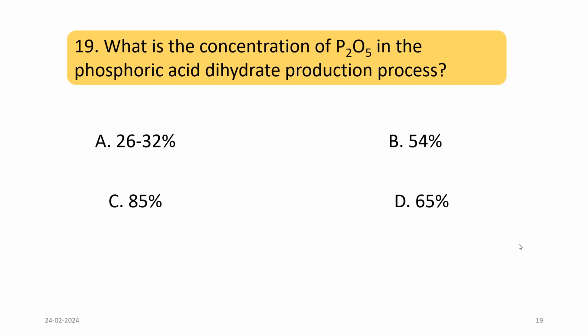Option A. Yes, it is 26 to 32%, which is very low, because we have seen in that equilibrium chart that the dihydrate production process produces a low concentration of P2O5. So it is 26 to 32%. This is one of the disadvantages of the dihydrate process.